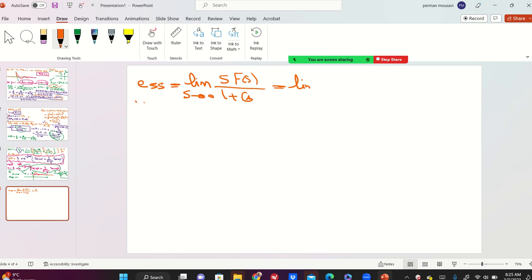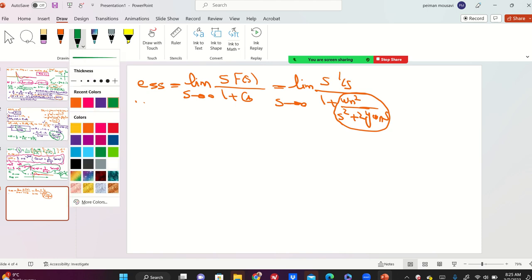So it is the limit of s times 1 over s over 1 plus omega n square over s square plus 2 zeta omega n s. This is the open loop transfer function, guys, as we did in the previous class.